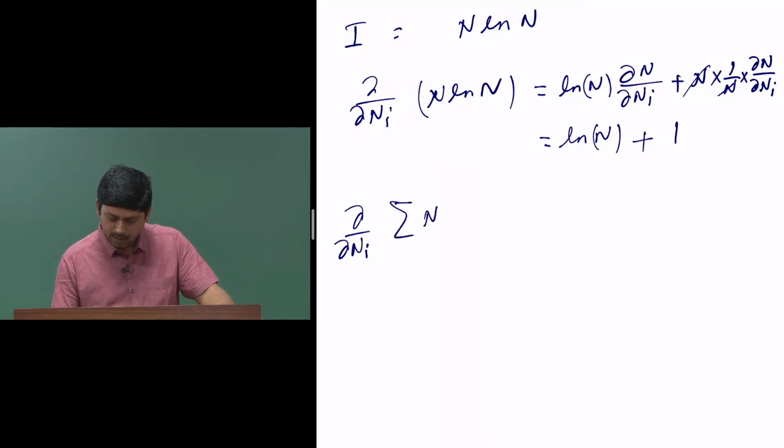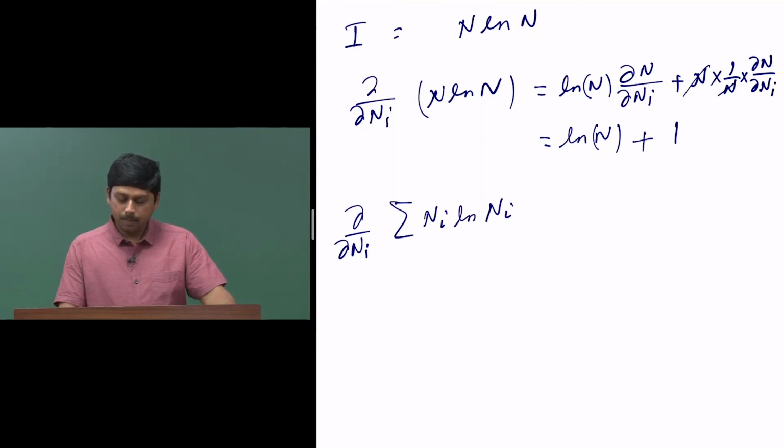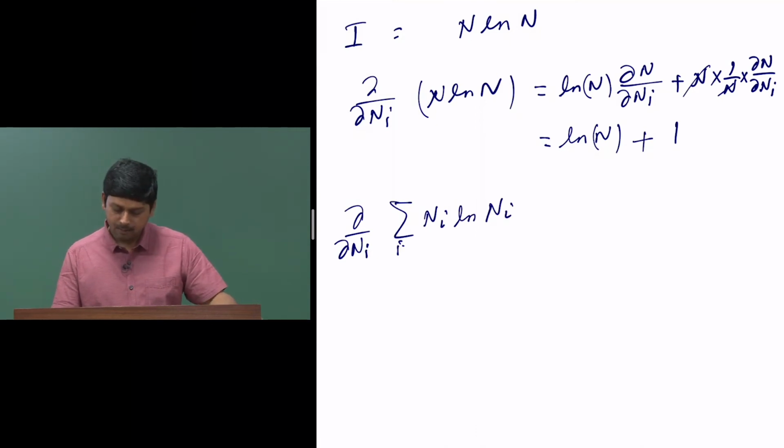This is n_i ln n_i. In this case, because i is a dummy variable, we can write the sum as j instead of i. Let us write it as j, because that will be helpful.